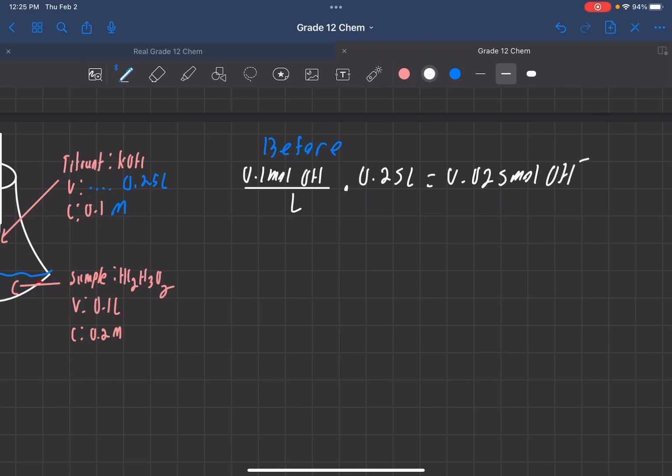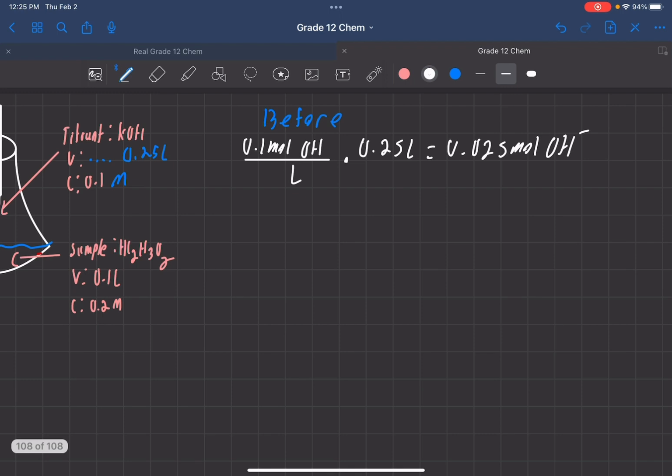In case you forgot, let's go over the amount of moles of the ethanoic acid again. So we have 0.2 moles of hydronium, right? The 1-to-1 ratio of this ethanoic acid per liter times 0.1 liters, and we end up getting 0.02 moles of hydronium.